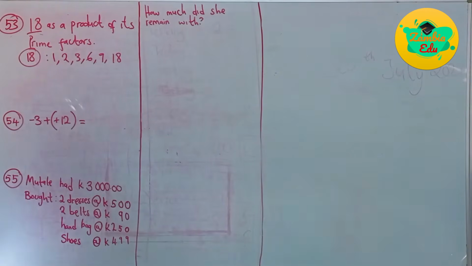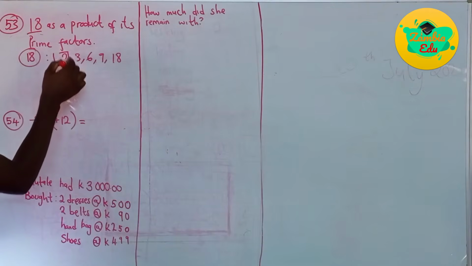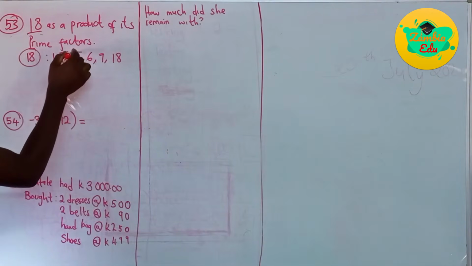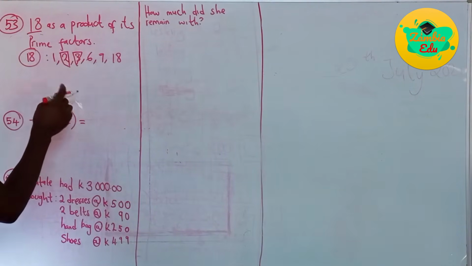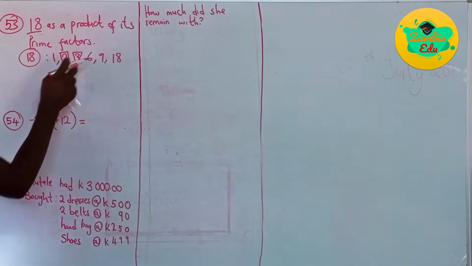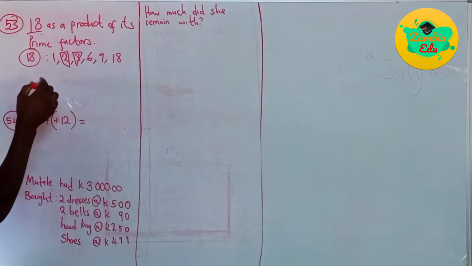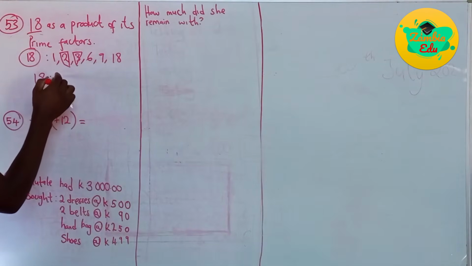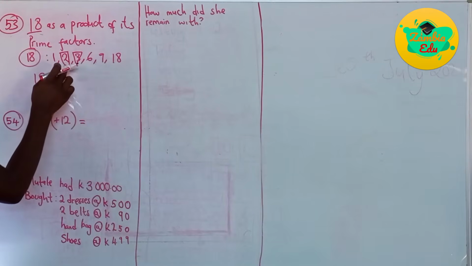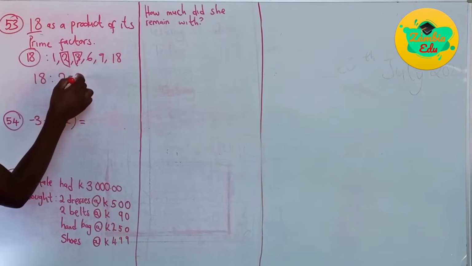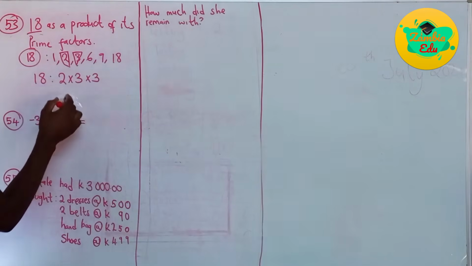Among these factors, which ones are prime numbers? 2 is a prime number and 3 is a prime number. So we need to use 2 and 3 to express 18 as a product of its prime factors. We can show 18 being equal to 2 times 3, which will give us 6, times another 3.